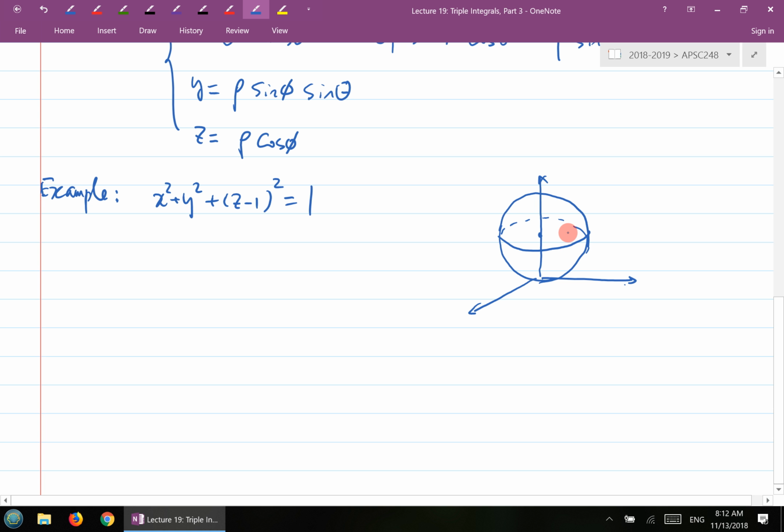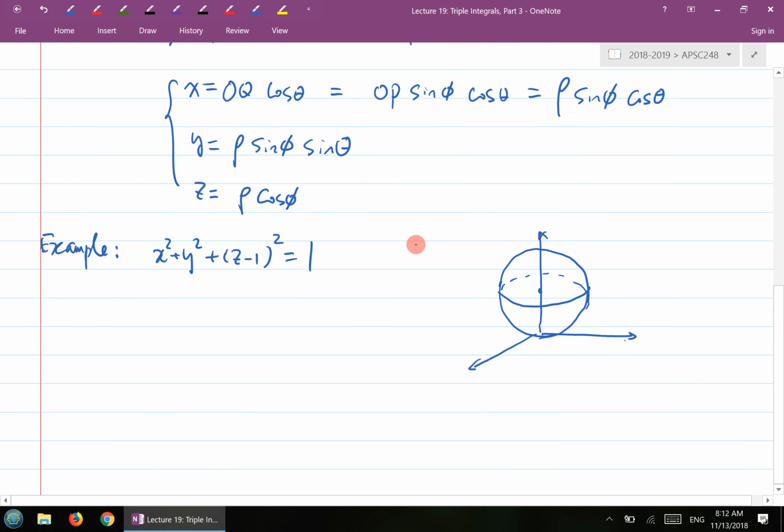If I describe this one using Cartesian coordinates, it's like this, and if I describe it in spherical coordinates, what would it look like? All we need to do is substitute x, y, z into the Cartesian equation and see what happens. Substitute x here, y here, z over here.